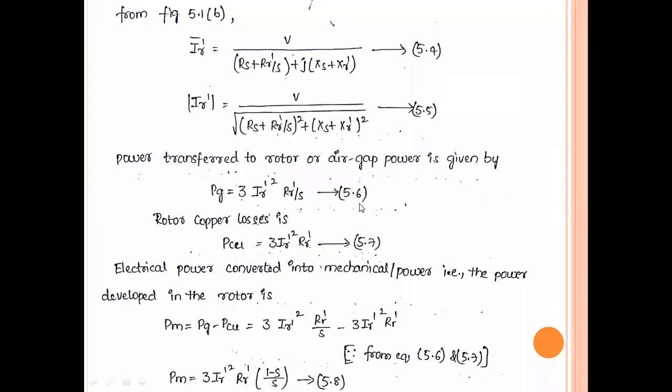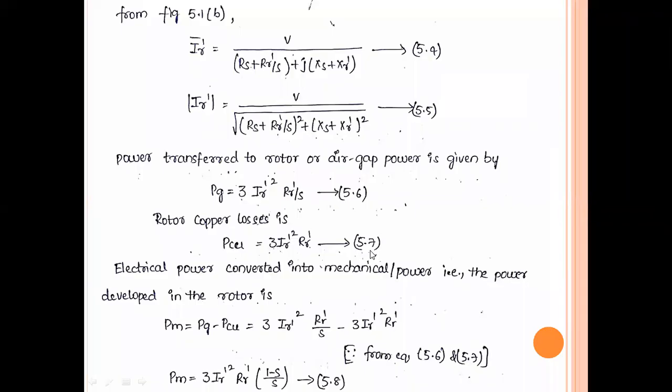And we know we have a few losses that occur in the induction machine, majorly the rotor copper losses. The rotor copper losses are given as 3 into IR dash square into RR dash. All these equations we have already seen in our machines. This copper loss equation is represented as 5.7.